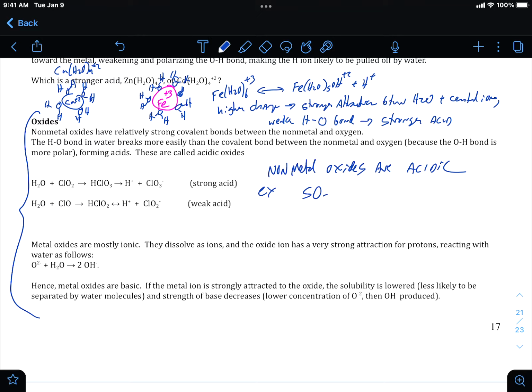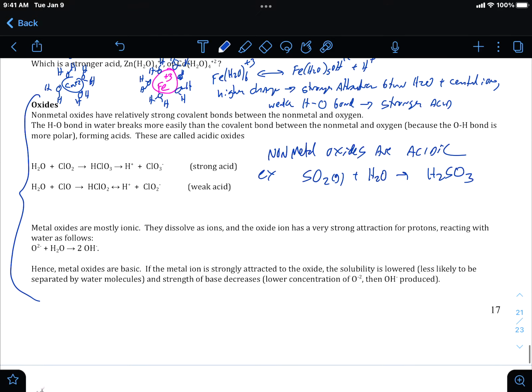Example, SO2, a gas released from smog in factories, reacts with moisture in the air and ends up forming H2SO3.